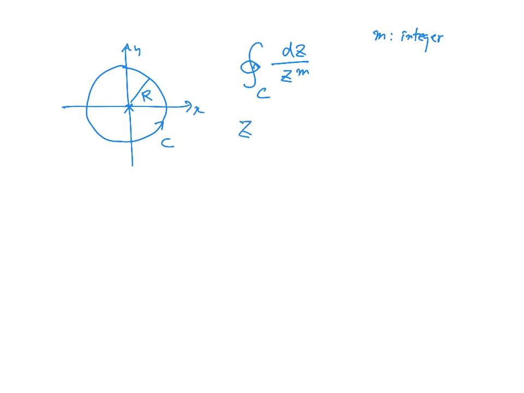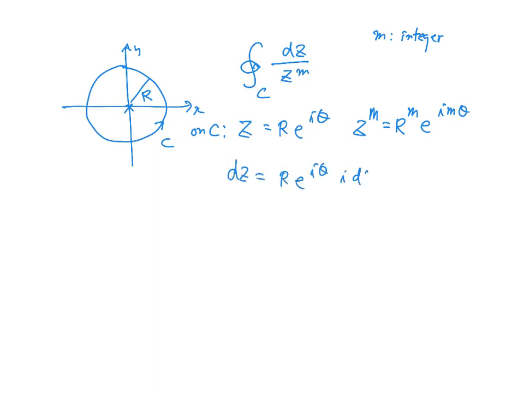So z on C, on this circle, is r exponential i theta. z to the m is r to the m exponential i m theta, and dz is r exponential i theta, i d theta.